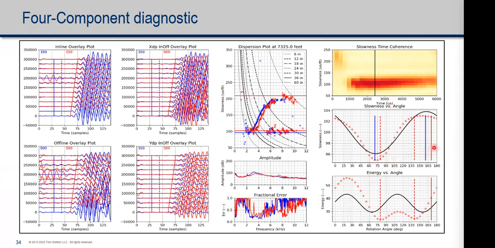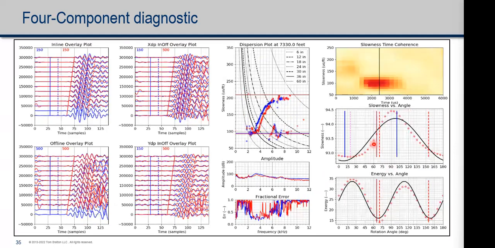And again, even when you have a large amount of anisotropy, here we're at 94 microseconds per foot for the slow, and we're up here around 102. So your minimum and cross-line energy are not really 90 degrees apart, and you've got a terrible fit to the model, but the numbers are fairly close.